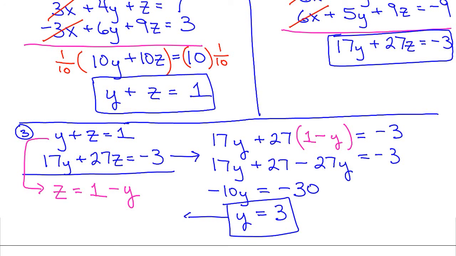I can substitute this y into my equation with z, and that tells me that z is equal to 1 minus 3, which gives me z is equal to negative 2. And finally, I need to solve for x.